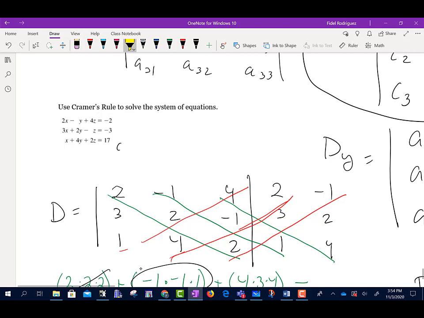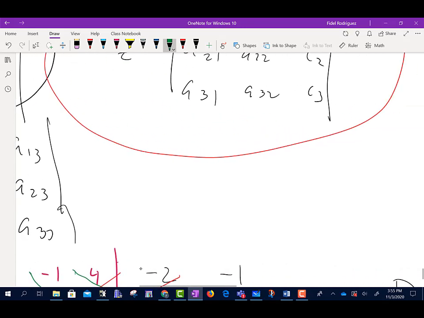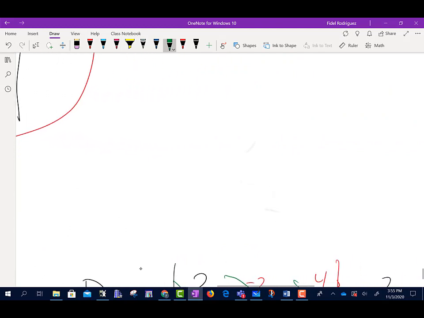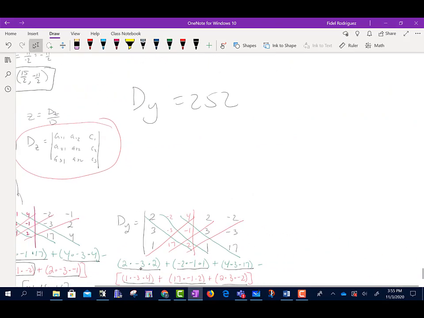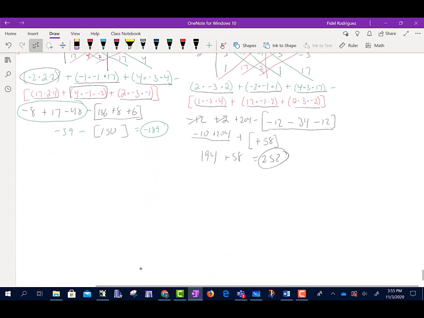For a dz, we're going to replace these numbers here with these here. So this part is going to be the same. 2, 3, 1. Okay, that's just going down. So let me see where I have some room, because I am running out of room, but I can do it somewhere.